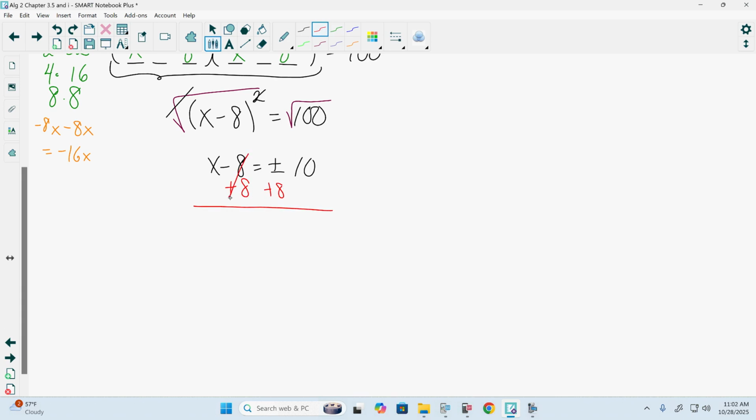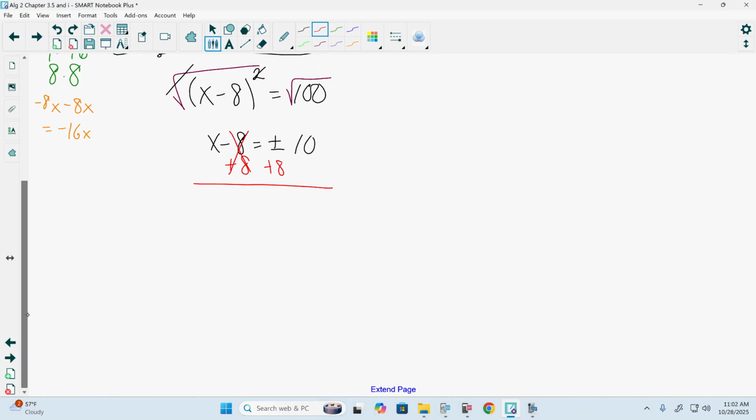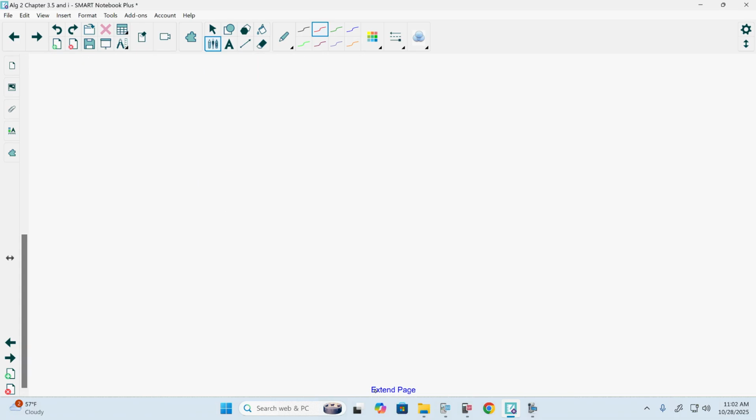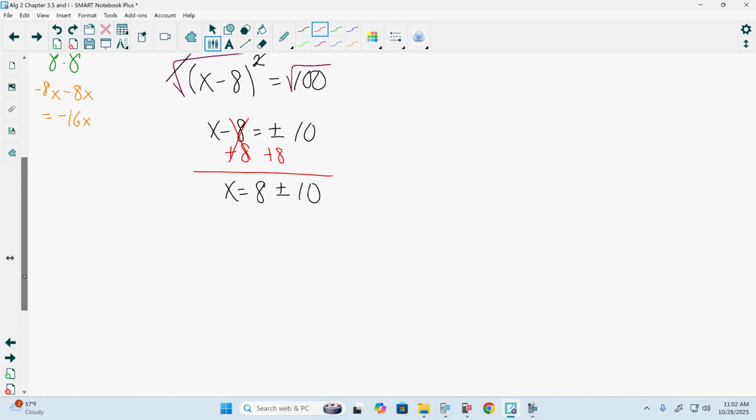We can add 8 to both sides, telling us x is equal to 8 plus or minus 10. Any questions on this so far?